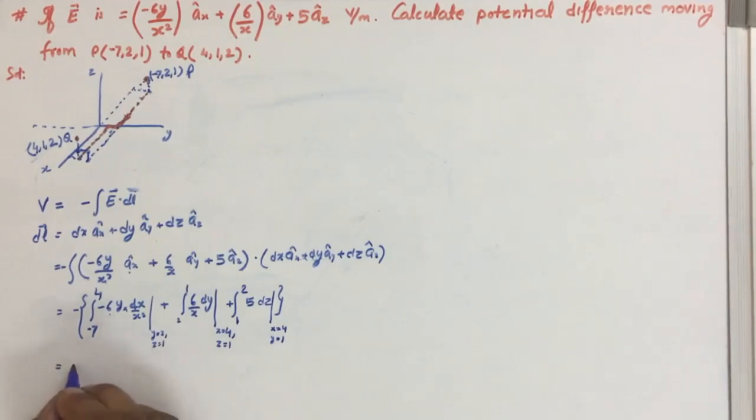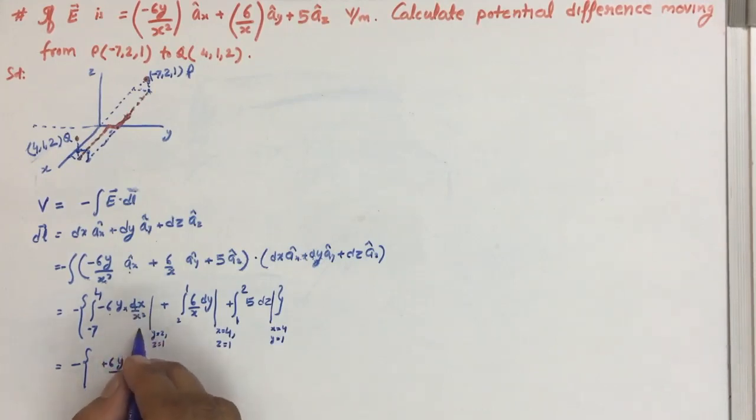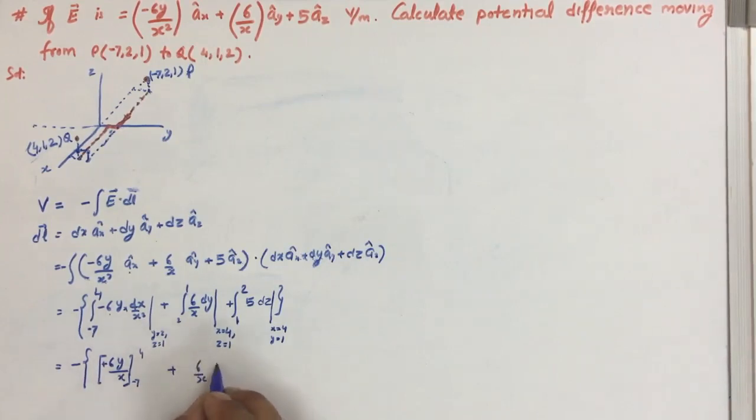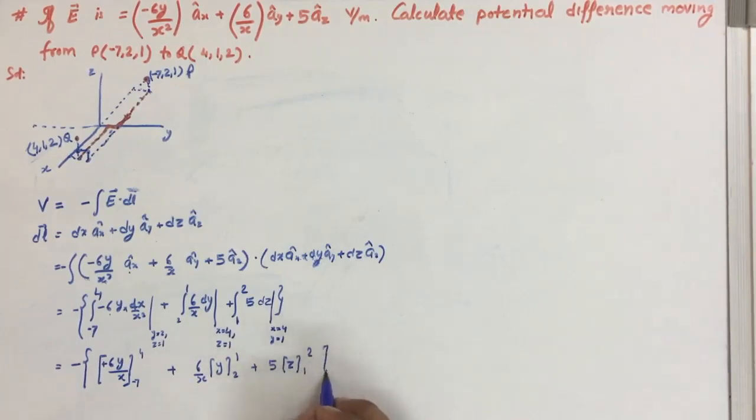Now simplify this. It will give you -6y times (-1/x), because dx/x² gives -1/x, where x is varying from -7 to 4, keeping y constant, plus 6/x, where y is varying from 2 to 1, keeping x constant, and 5z, where z is varying from 1 to 2, keeping the others constant.